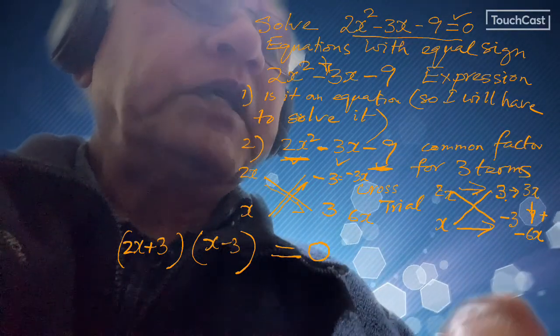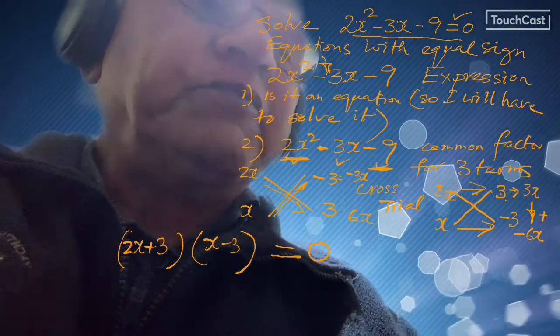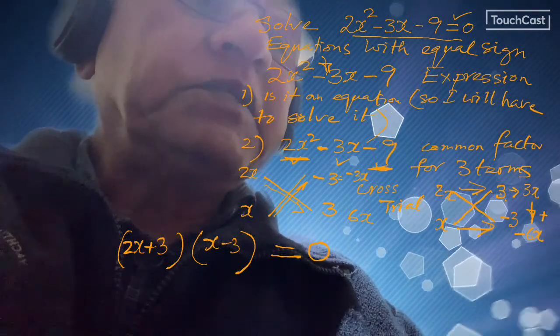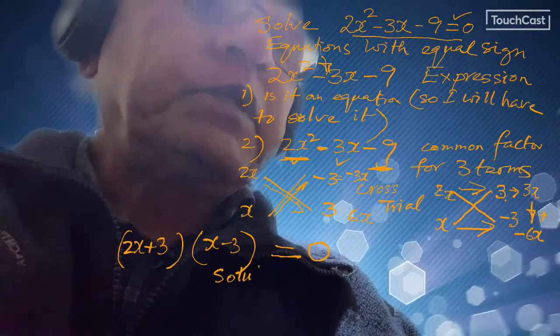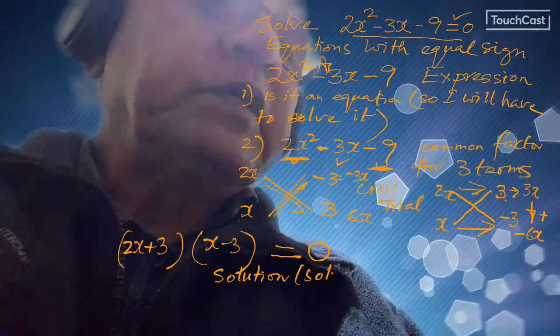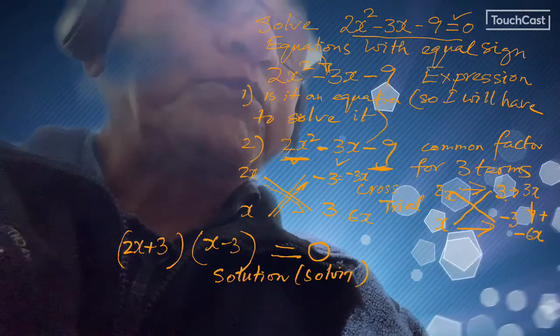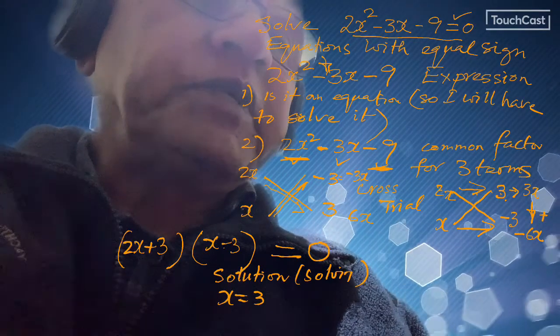Right? Now, it's a kind of rote learning. If you reverse those signs, so one of the solutions we are solving, remember, will be x equals 3.